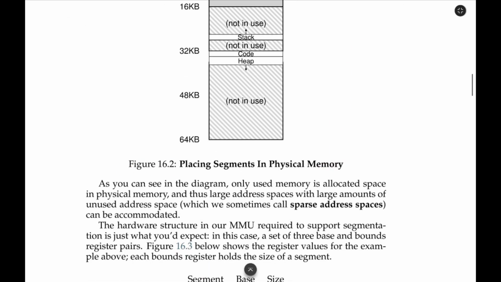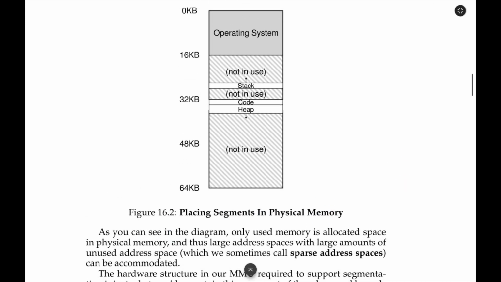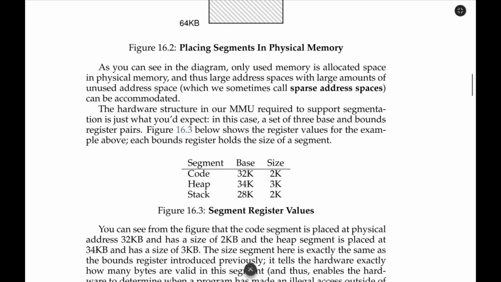Figure 16.2, placing segments in physical memory. As you can see in the diagram, only used memory is allocated space in physical memory, and thus large address spaces with a large amount of unused address space, sometimes called sparse address spaces, can be accommodated.